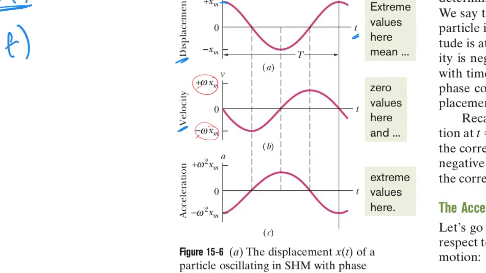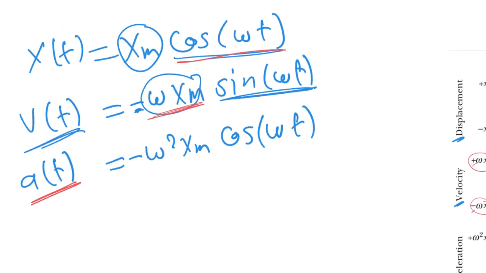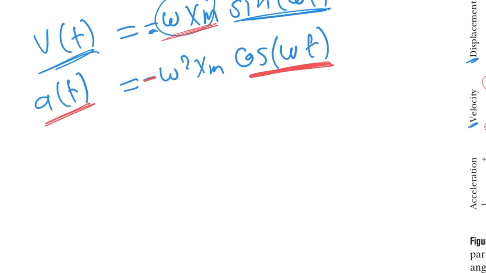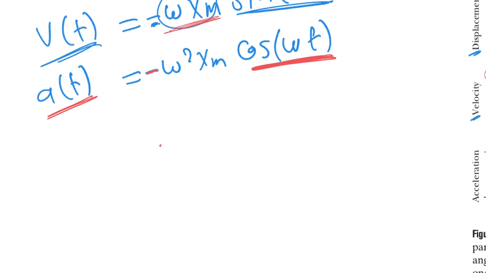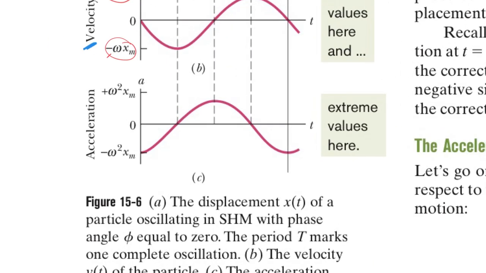And the last one is the acceleration. The acceleration is also a cosine, like the displacement. The only difference is that the cosine is with a minus, so we will invert it.